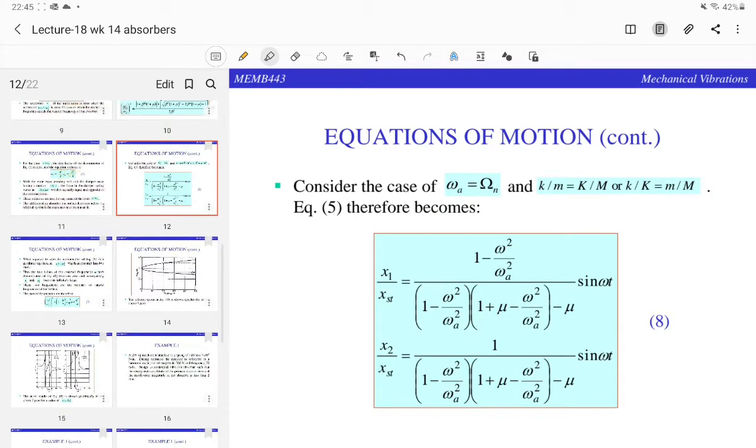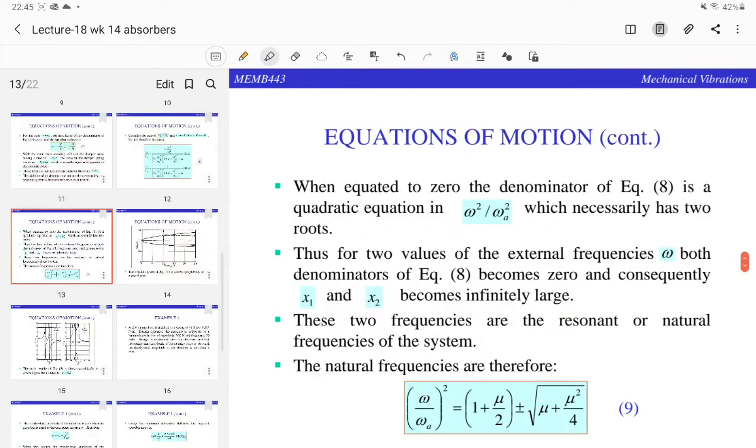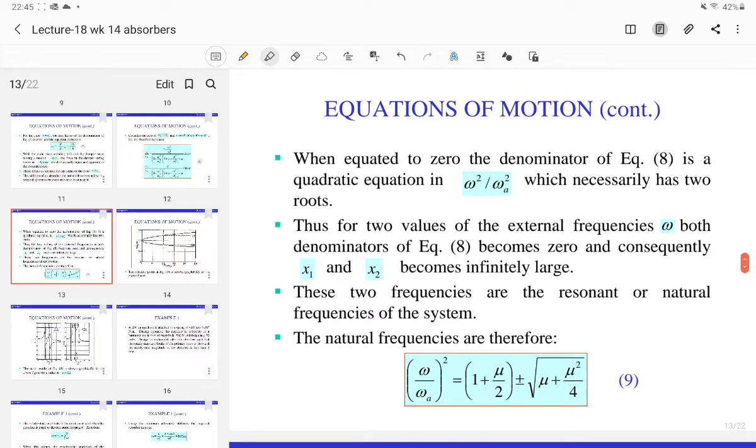Alright, so let us take a look at equation 8. In the list of equations you have a slightly different equation. When equated to 0, the denominator of equation 8 gives a quadratic equation in omega square over omega a square, which necessarily has two roots.